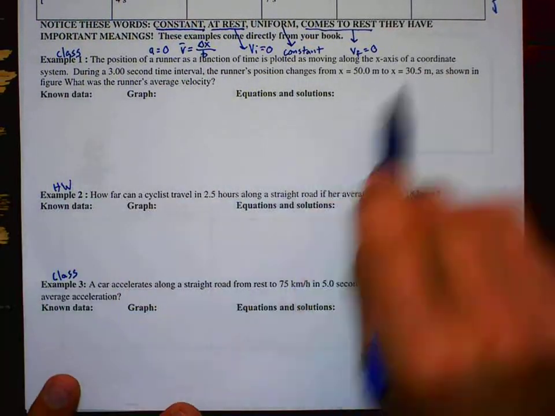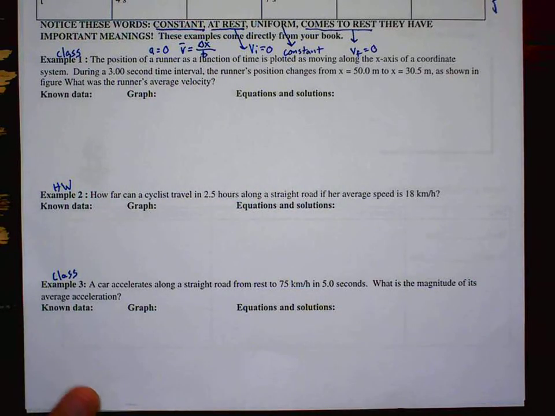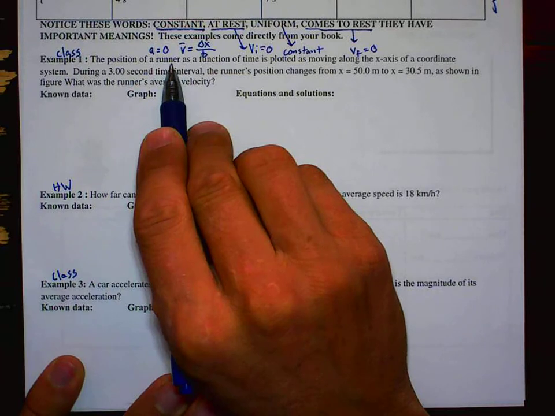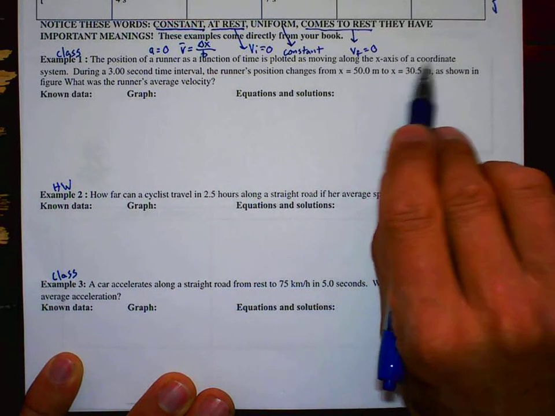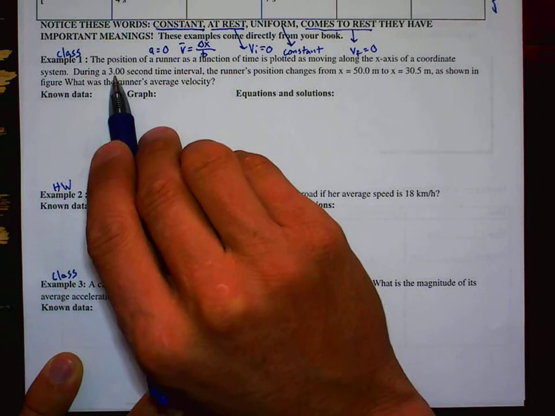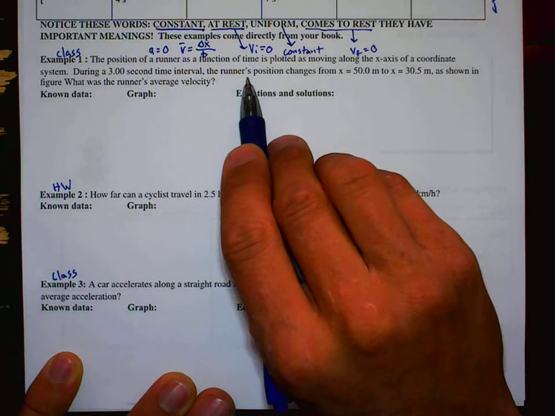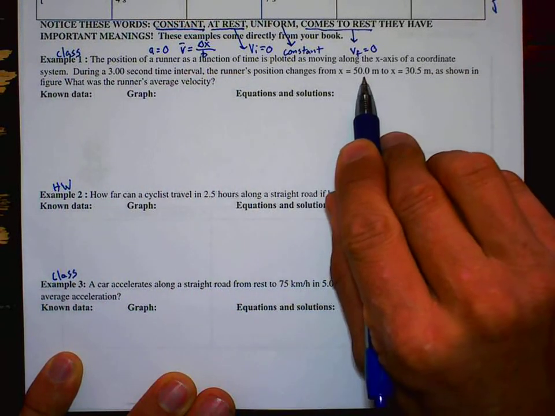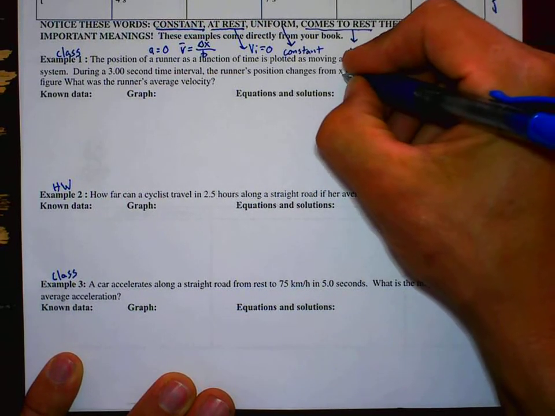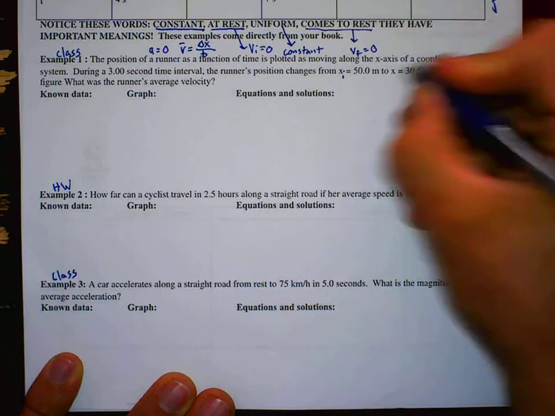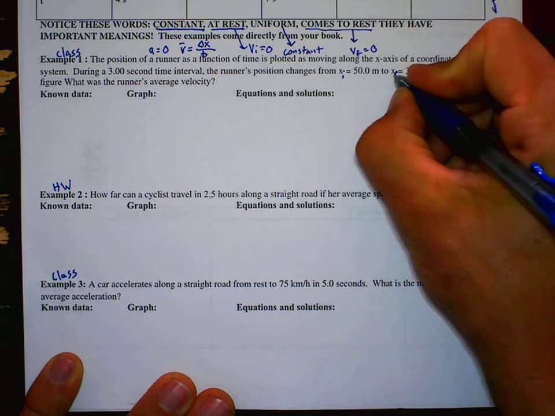First step when we get a problem like this is listing our knowns and our unknowns. So we've got a runner, and they're basically moving along the x-axis of a coordinate system, and during a 3-second time interval, they are going from here position, so this would be an x initial, and they're going to here, x final.